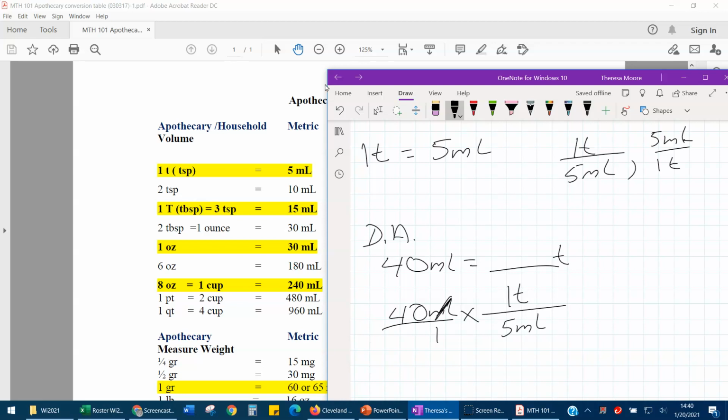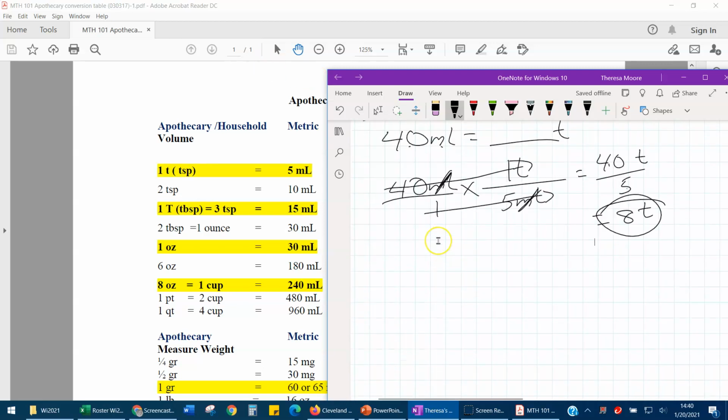So the ml abbreviation will cancel, multiply across the top, you get 40 teaspoons, multiply across the bottom, you get 5. 40 divided by 5 is 8. So 40 milliliters is 8 teaspoons. That's the dimensional analysis method.